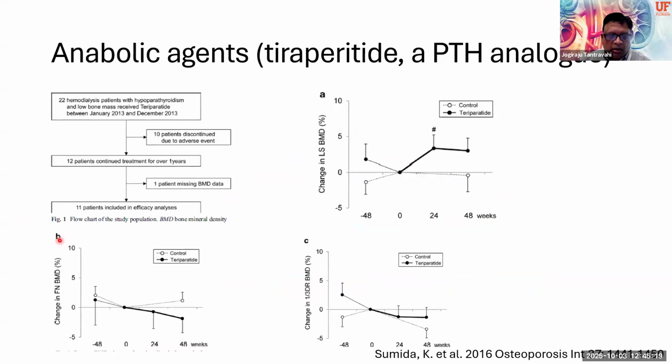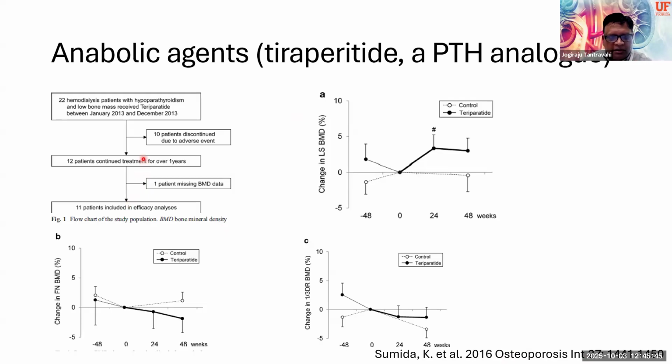Okay? What about anabolic agents such as teriparatide, which is a PTH analog? Sorry, I misspelled that. I'll fix that. So teriparatide, a PTH analog. This was a small study that was done in Japan, published in a somewhat obscure journal, Osteoporosis International, that showed kind of differing effects.